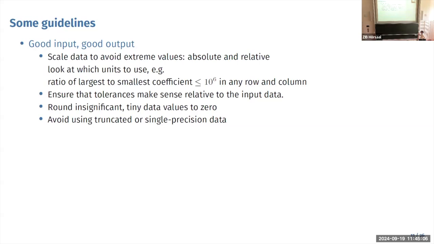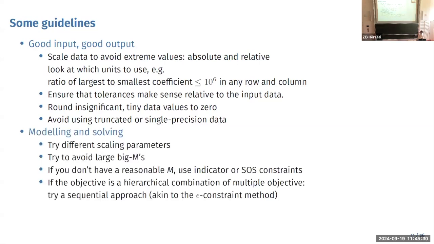If you represent your data, then avoid unnecessarily truncating them or losing some precision, because that can introduce infeasibilities in the model that may not even be there in reality, or it can introduce new solutions that look feasible in your problem but not in your application. So that's just something to take care of.